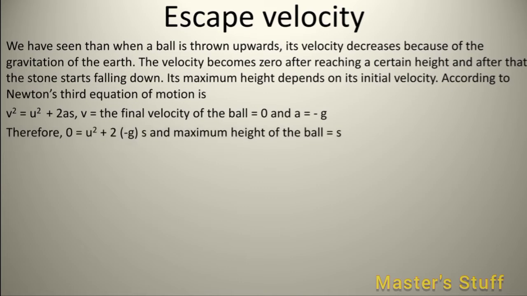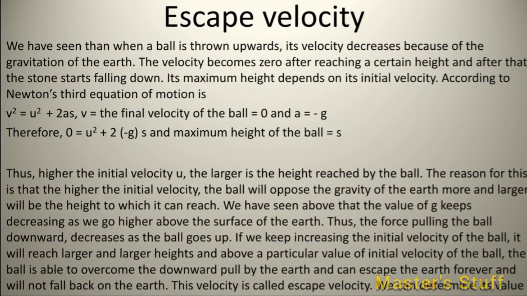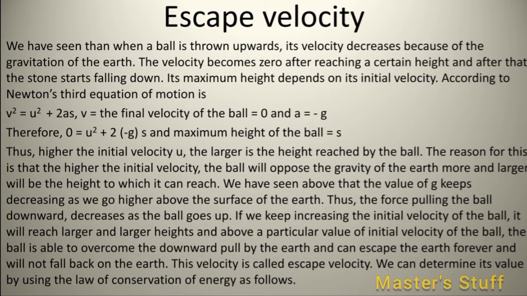Therefore, substituting the values, we get 0 is equal to u square plus 2 into minus g into s, and let s be the maximum height of the ball.